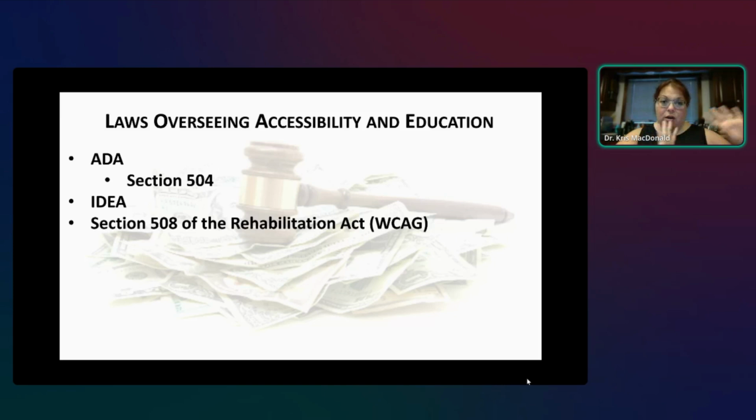But we're not talking about that. We are going to be talking specifically about Section 504. The IDEA Act has to do with K to 12 and developing IEPs. And then Section 508 of the Rehab Act, that is where we get the WCAG standards and EIT.